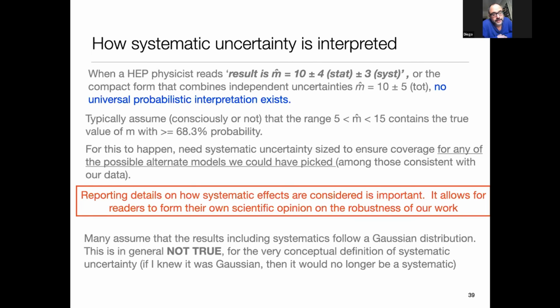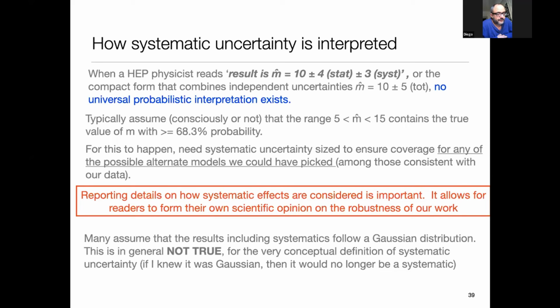And your colleagues will interpret this total error in a statistical way, even if it's not justified. And they will imagine that your interval, in this case m between 5 and 15, will contain the true value of m with 1 sigma probability, with 68.3% probability.